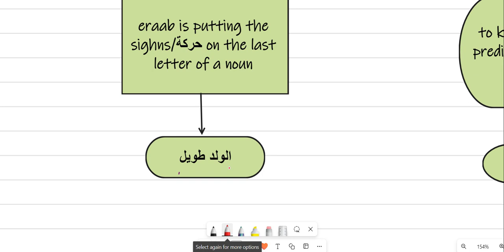When you see a nominal sentence, you look for a noun in the first position, known as the mubtada, and I will explain what the mubtada is. Immediately after the mubtada you look for a predicate, which in Arabic we call khabar. The mubtada you can say in English is the subject, and the khabar the predicate.